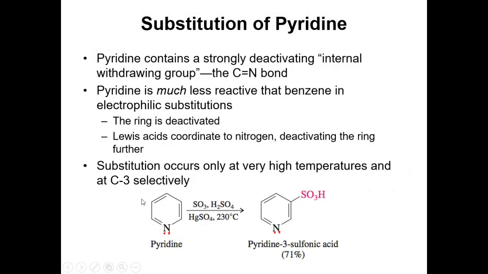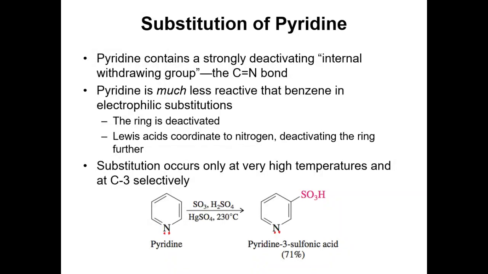But when we compare pyridine with benzene, pyridine is otherwise the same as benzene, except one of the ring atoms is replaced by nitrogen. As we know, nitrogen is more electronegative than carbon.